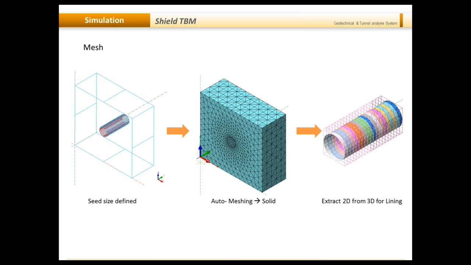And then we'll extract the lining members from the outer periphery of our solid. Since this lining will be outside the segment, we'll be extracting this from the outer circle that we have in this tunnel. So let's see how this is done.